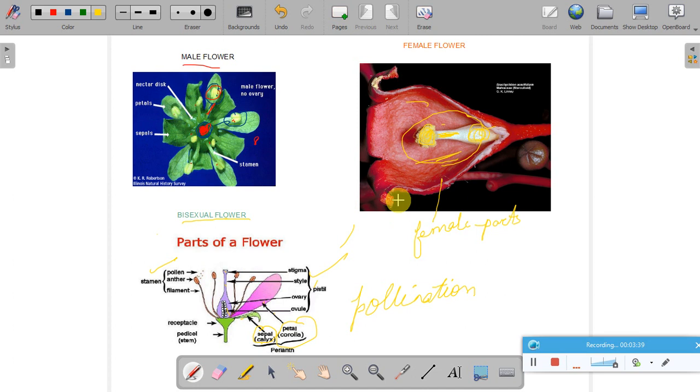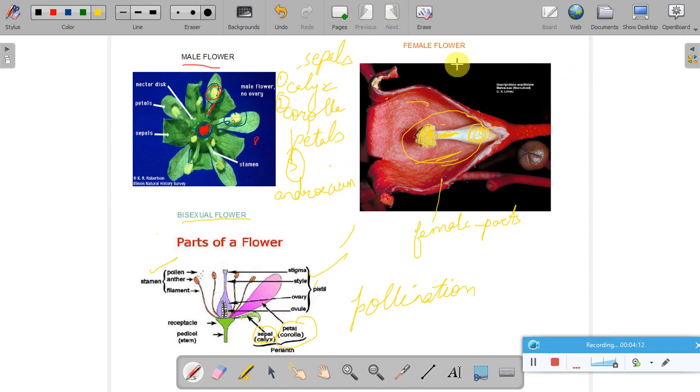So the difference here will be, in the male flower we will have calyx, we will have corolla, that means we will have sepals here, we will have petals here, and the third whorl that we will have will be the androecium. So one whorl will be absent in a male flower.